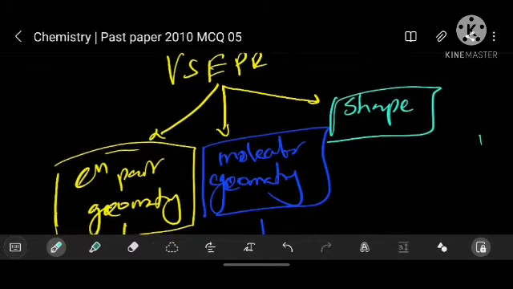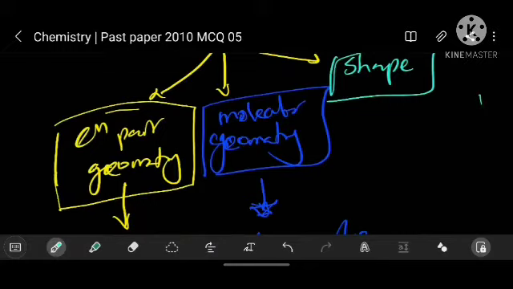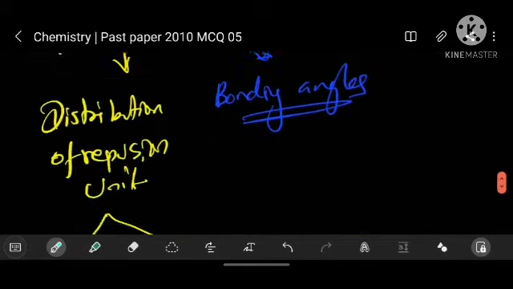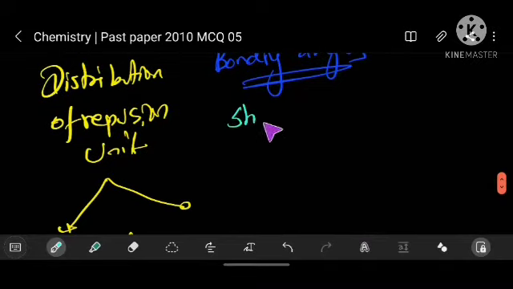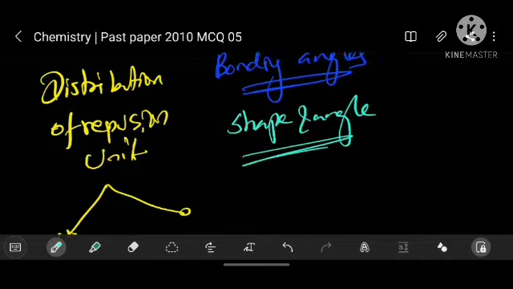So the final verdict is that the geometry of a molecule carries the shape and the angle. The geometry of a molecule is associated with the bond angles in the Lewis structure.